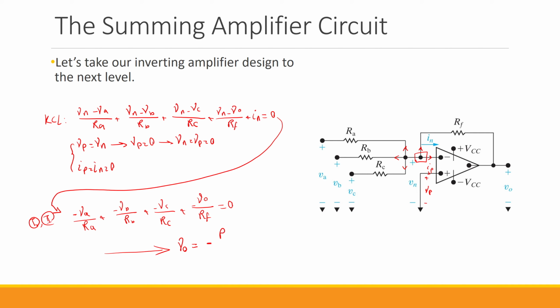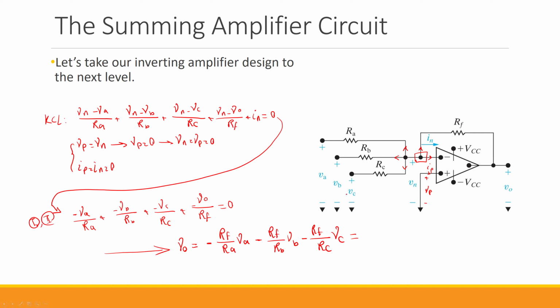negative RF over RA multiplied by VA, negative RF over RB multiplied by VB, and negative RF over RC multiplied by VC.